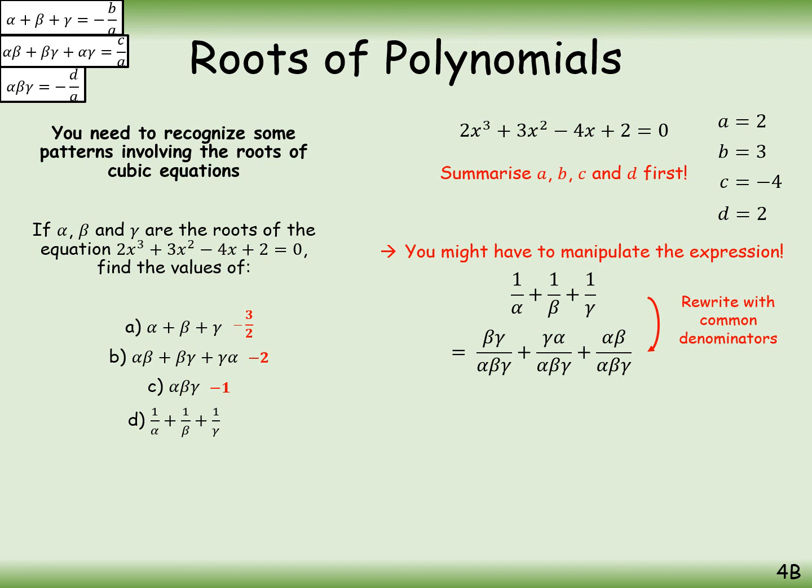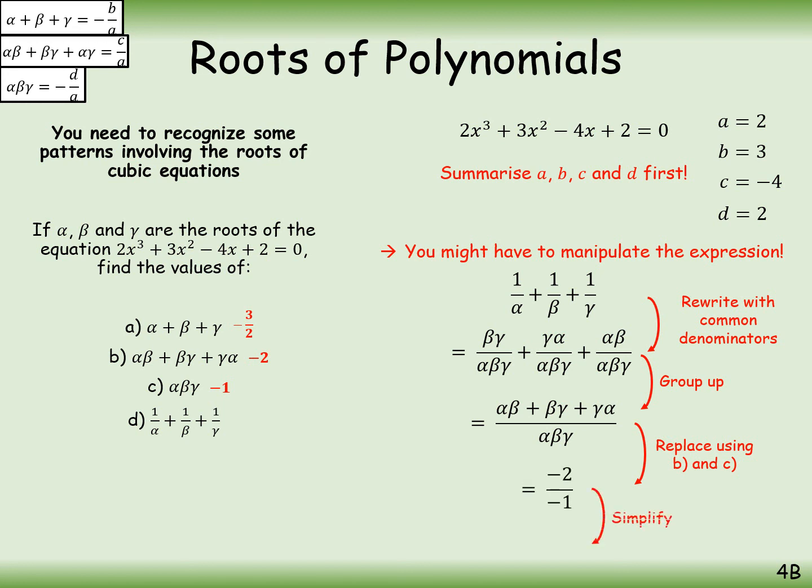And you have to do the same with the numerator. So now if you group them, we have a common denominator, alpha beta gamma. We could now replace using b and c, because we know what alpha beta plus beta gamma plus alpha gamma is, and alpha beta gamma is. So we go minus 2 over minus 1, which gives us 2.